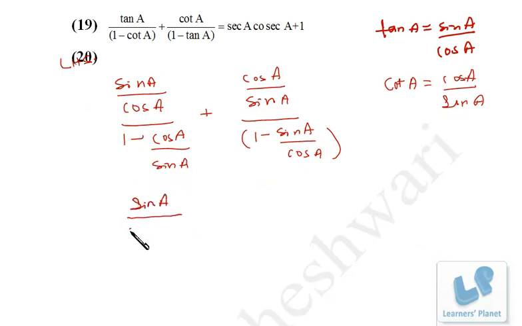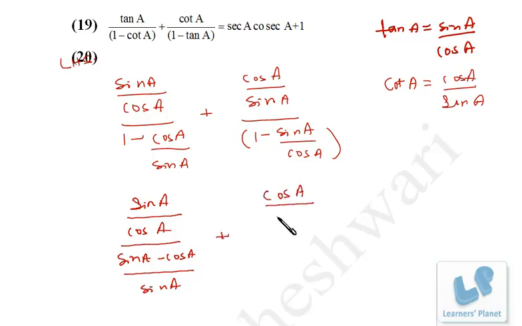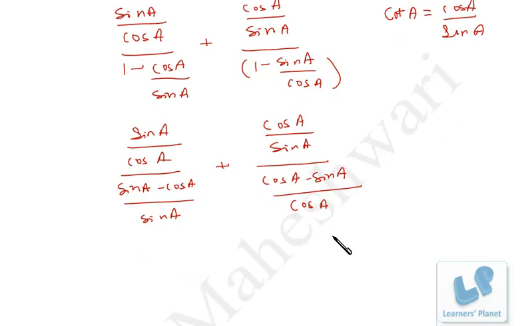Sin A by cos A upon, this is sin A minus cos A upon sin A. Similarly over here it is cos A by sin A by cos A minus sin A by cos A. Okay, just step by step we are moving ahead.